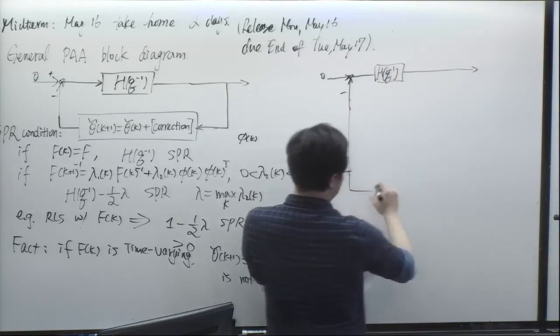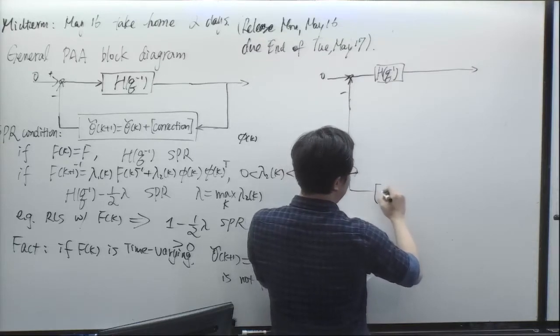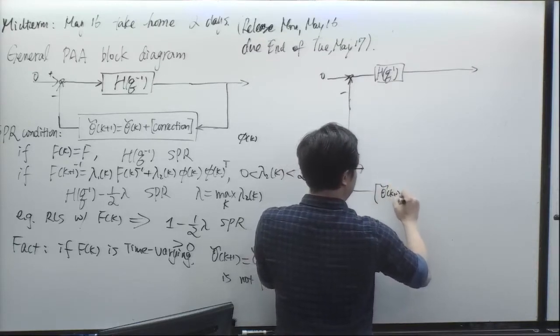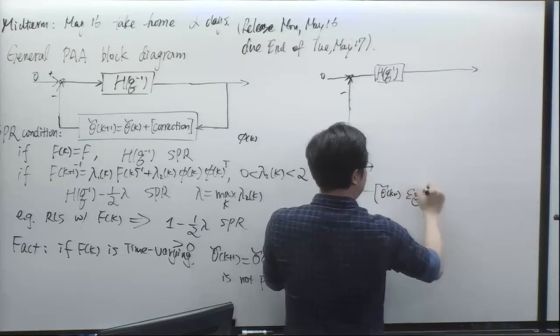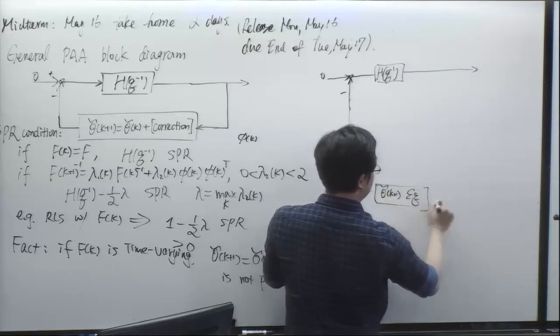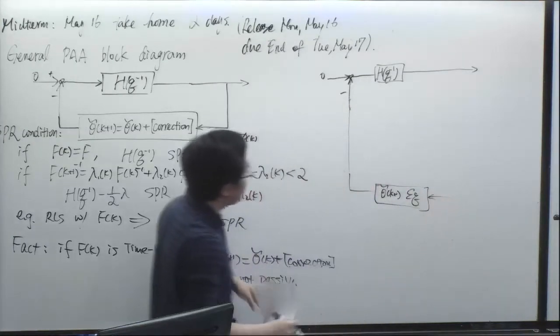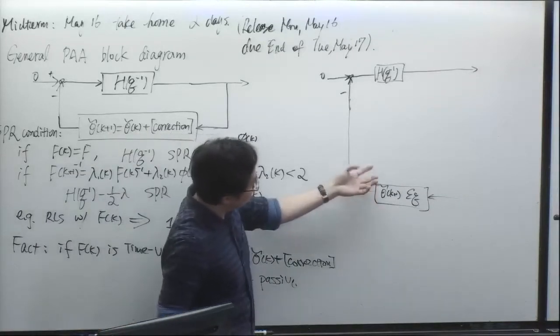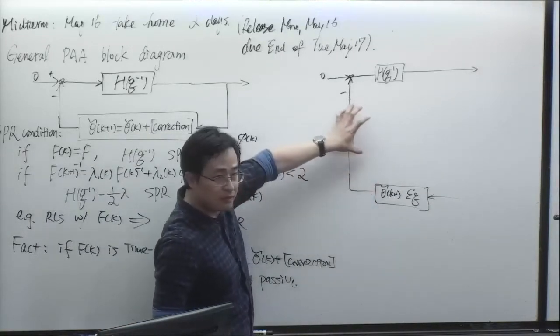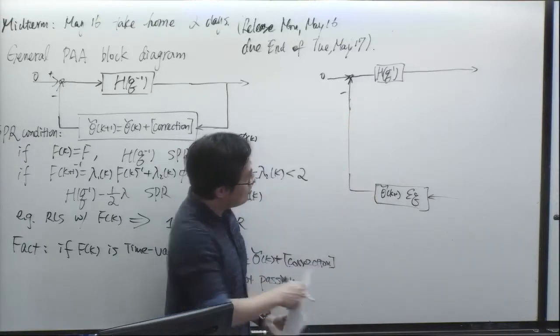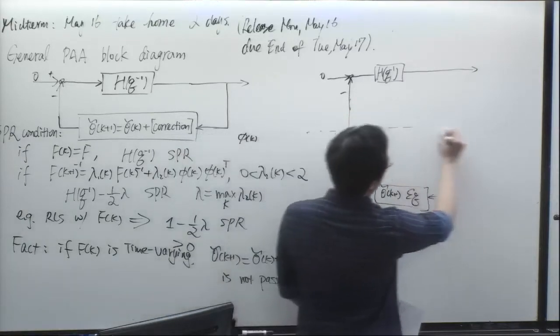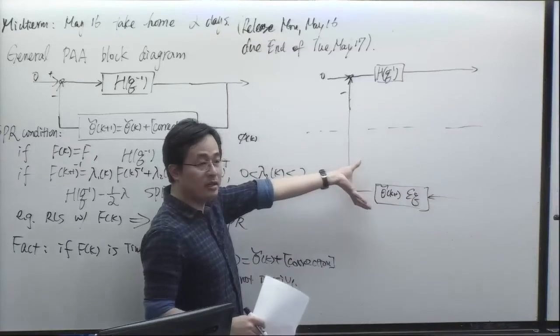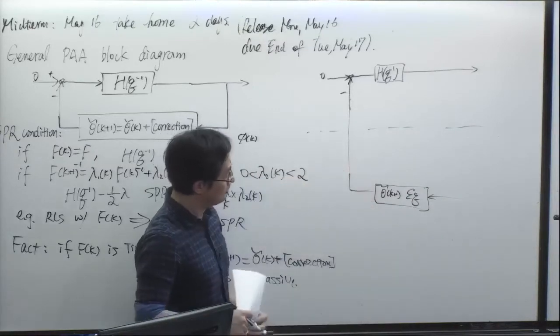It is as follows. So we have the same theta equation. We're going to add a few things and subtract a few things to create a nonlinear passive block diagram.